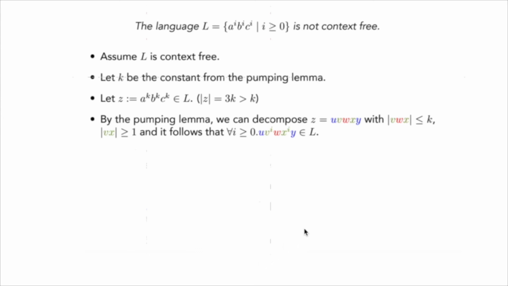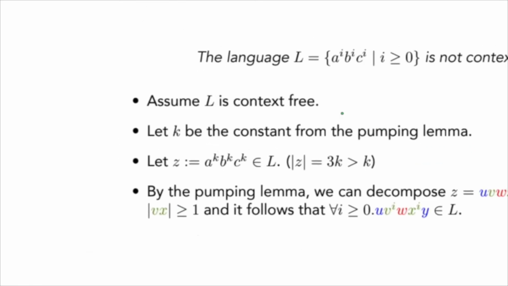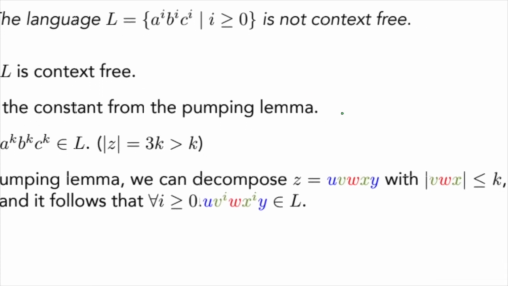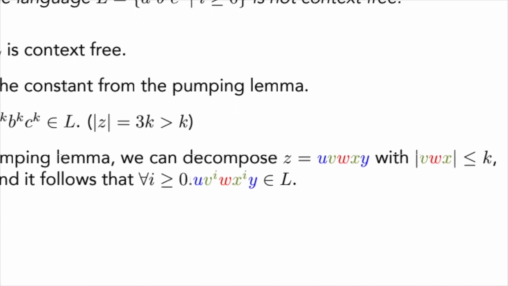When decomposing this word, other than these two conditions, what we need to keep in mind is that context-free grammars can be ambiguous in their productions. Unlike regular grammars, which are either left linear or right linear, context-free grammars can be built in any order.